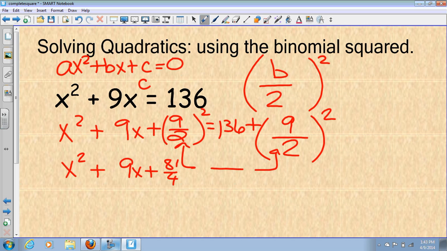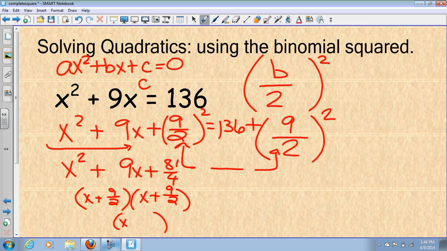Or, since you know now this is a perfect square, this becomes x plus 9 halves, and x plus 9 halves, or the quantity x plus 9 halves squared. Then over here I have 136 plus 81 over 4. Now I need to add these together.